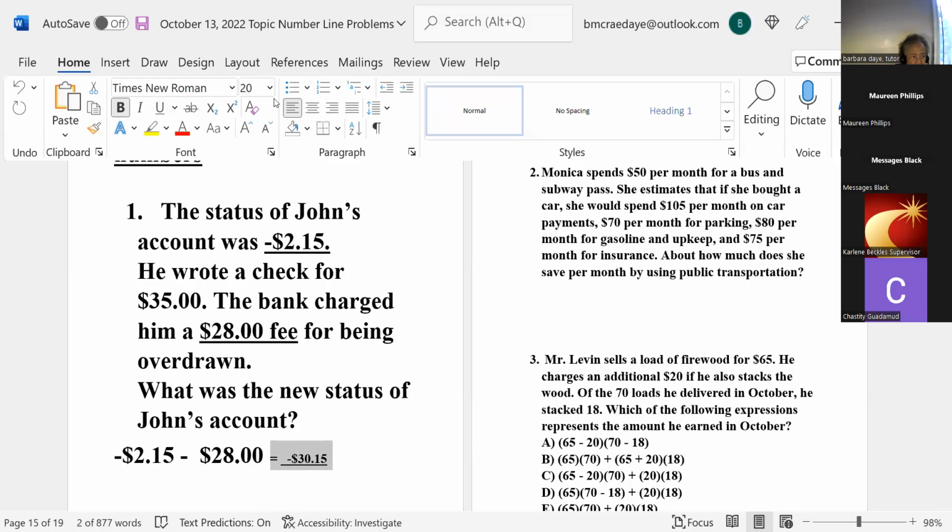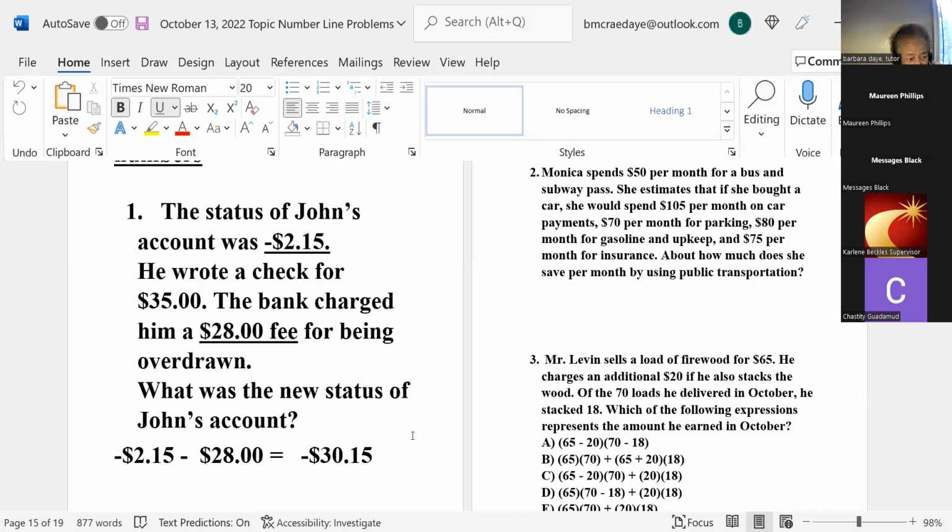So the answer is minus $30.15, because he actually owed that, right? That's what he owed the bank. Yes. He's overdrawn. So anything else that the bank charges added to this makes him further negative. Got it.